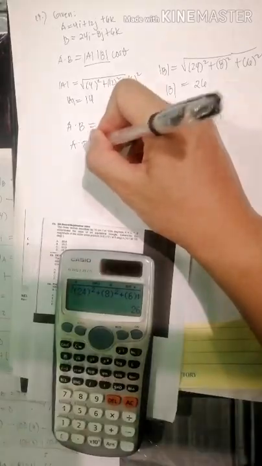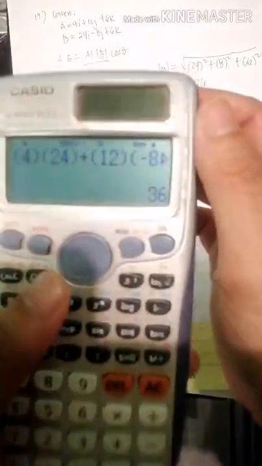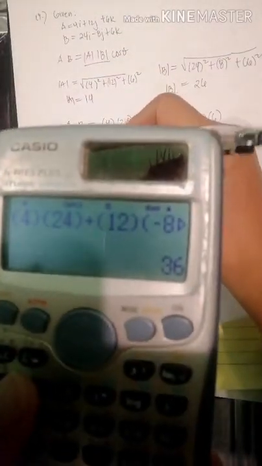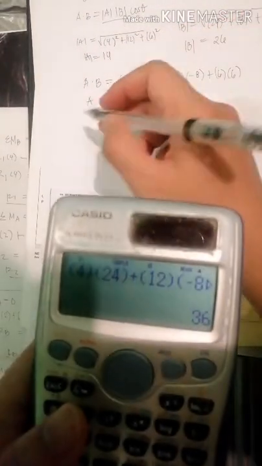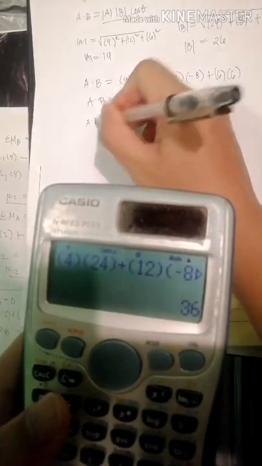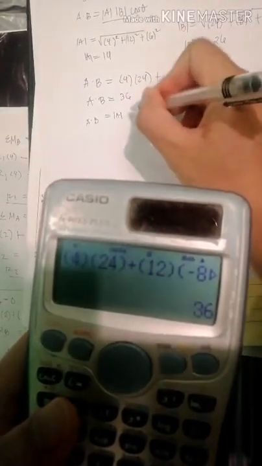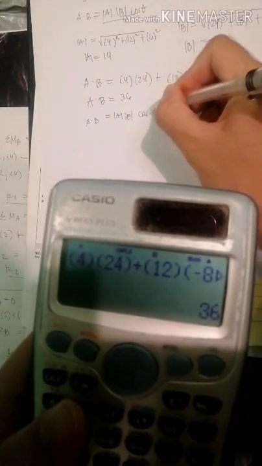The answer is 36. Then we solve the angle: A dot B equals magnitude of A, magnitude of B, cosine theta.